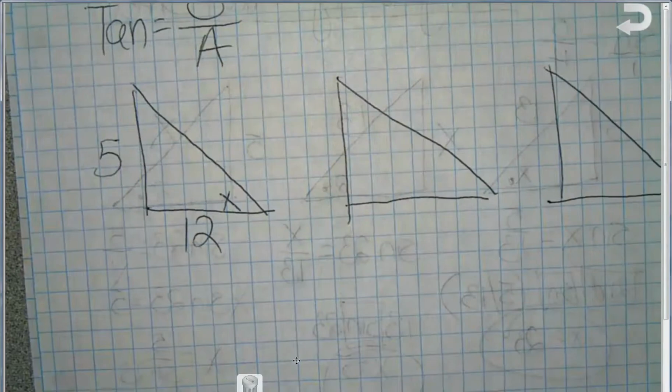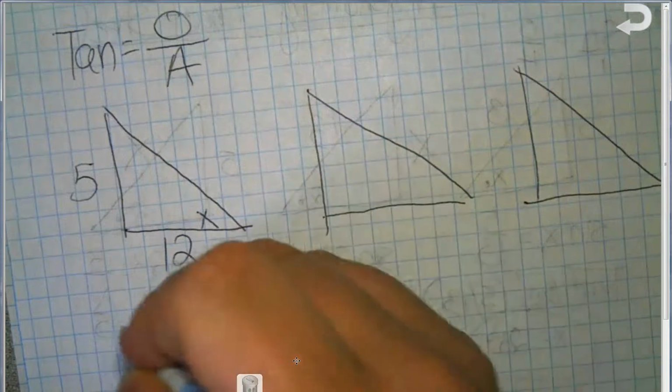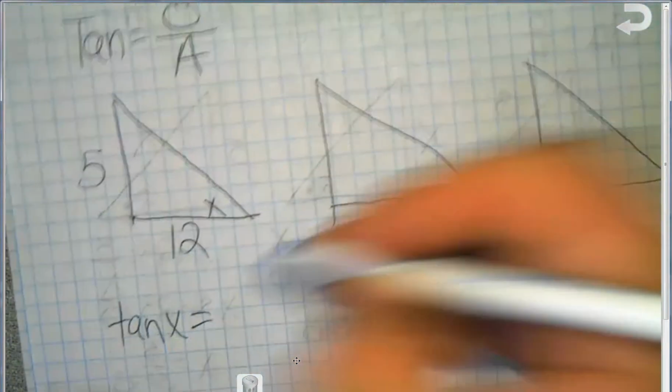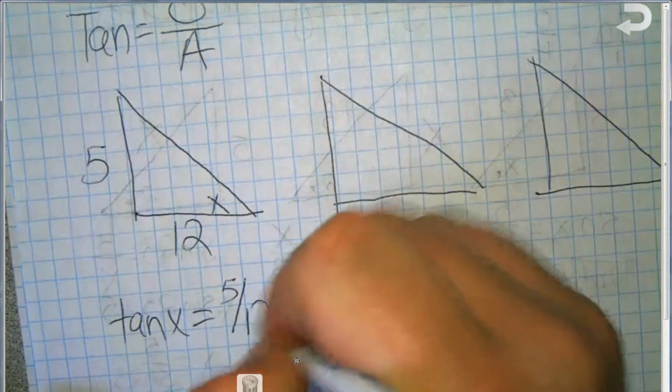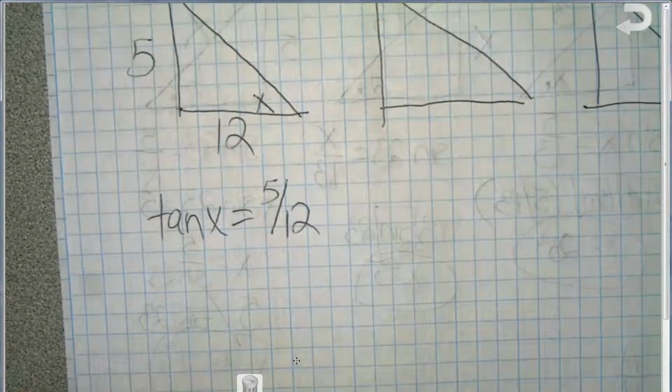So, somebody else, what is the first proportion I'm going to set up? So the tangent of x equals 5 over 12. But when I put it in the calculator, what am I going to put?